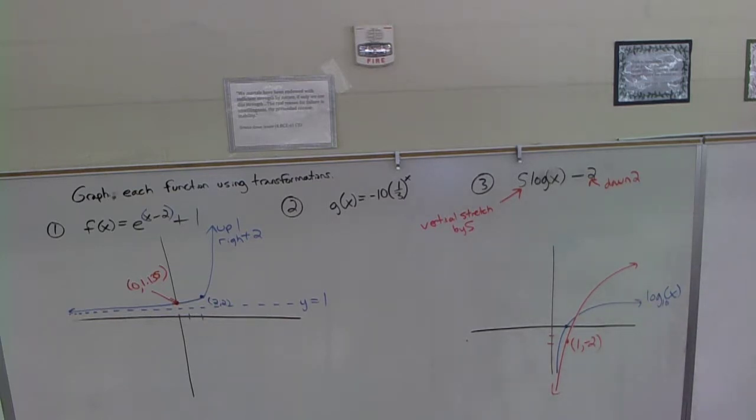If I want another point, I better just plug something in. Let's go out here to like 3 and see where that goes. Luckily, this is log base 10, so we can use our calculator easy. So I'm going to go 5 log of 3 minus 2. What's wrong with my shape?